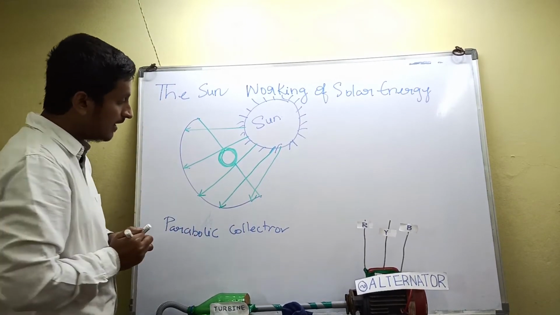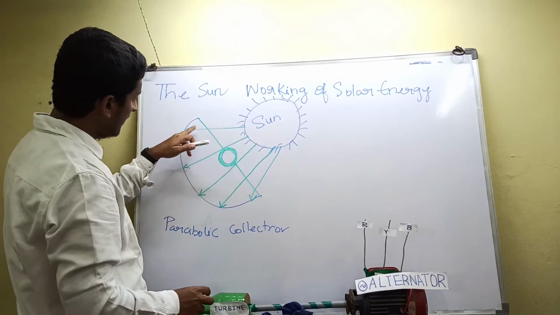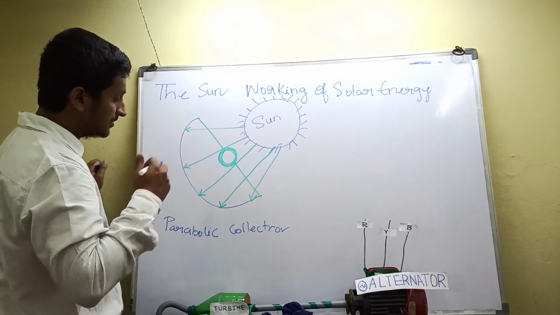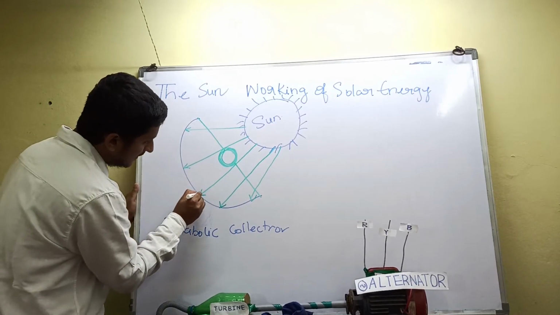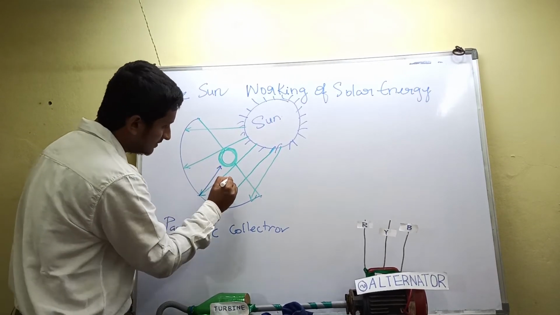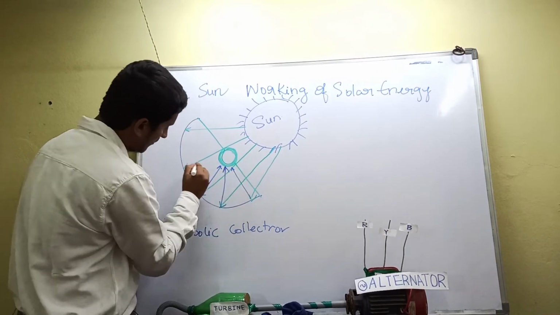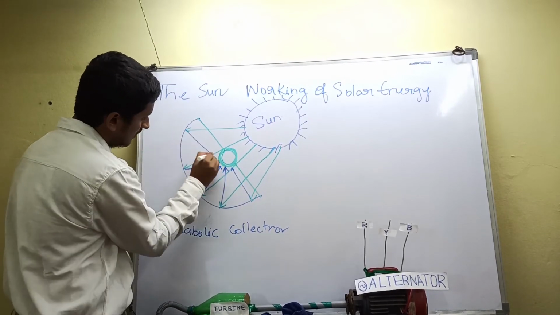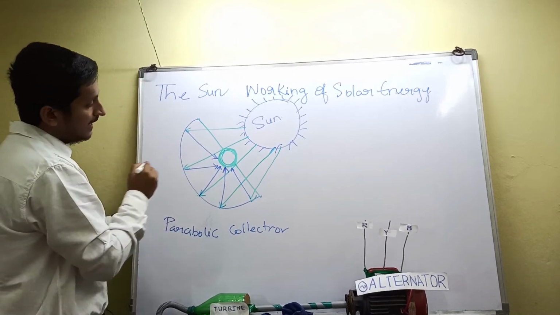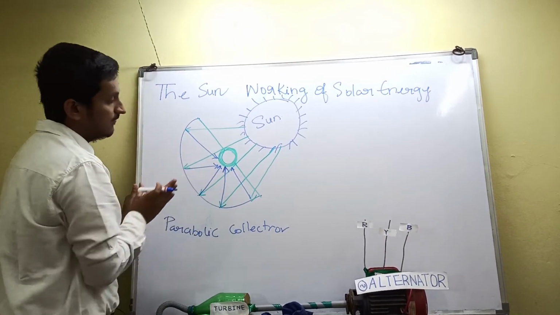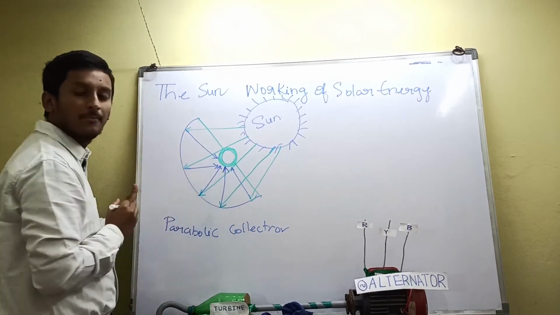Whenever this solar energy is falling onto the parabolic plate, it starts reflecting and it hits back at the center of this cylinder. We can say it is some sort of concentric rays reflected on a single place.